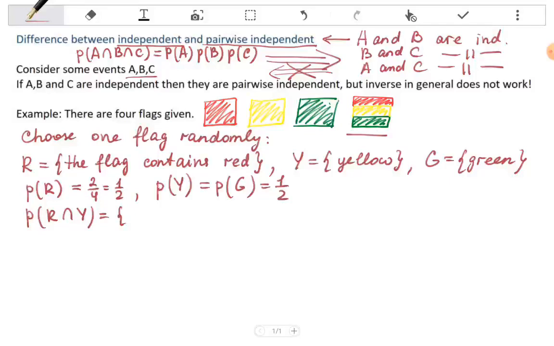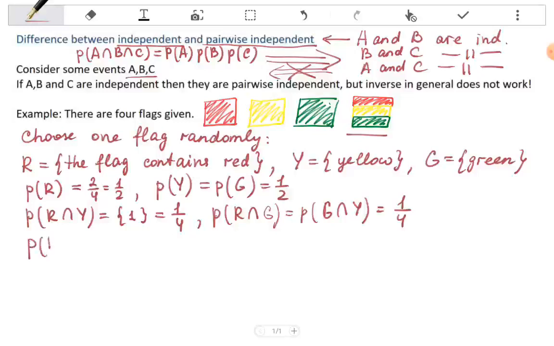So this intersection contains only one outcome, which means that the probability is 1/4. Similarly, all the other intersections, R with green, and green with yellow, they all have just one outcome, the flag of 3 colors, and the probability is 1/4. And in fact, you can check that, for example, P of R intersection with yellow is 1/4.